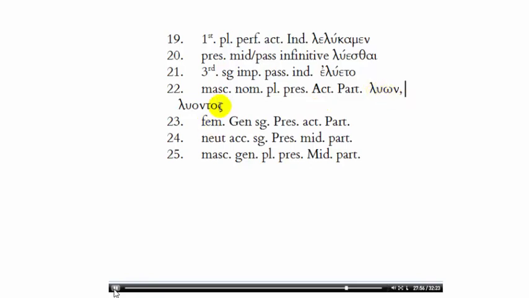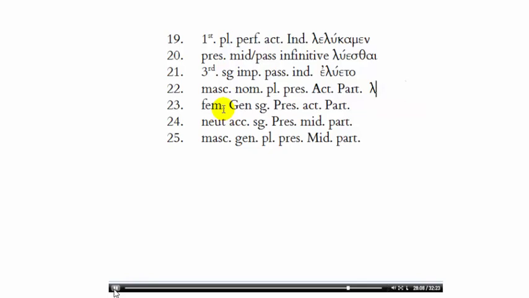Luonti, luontas, luonti, luonta, luontes. That will be our masculine nominative plural. The only way you can know that is by knowing your third declension pattern. That's why you've got to know archon, and remember that one. So luontes, and we just give it the appropriate accentuation.